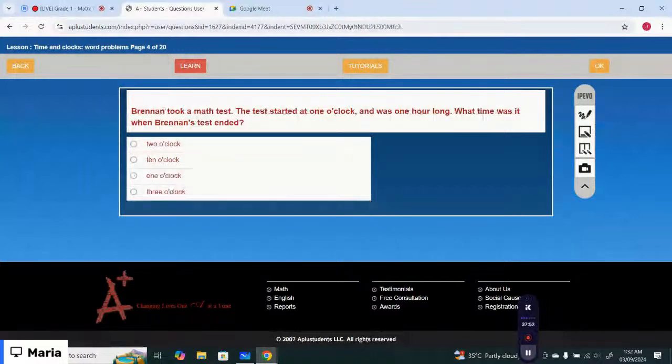Brennan took a math test. The test started at 1 o'clock and was 1 hour long. What time was it when Brennan's test ended? Which is the correct option?